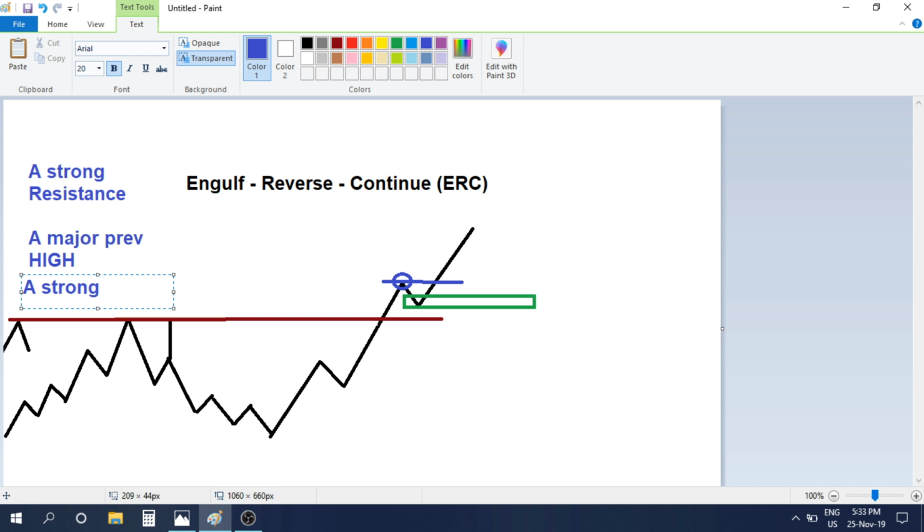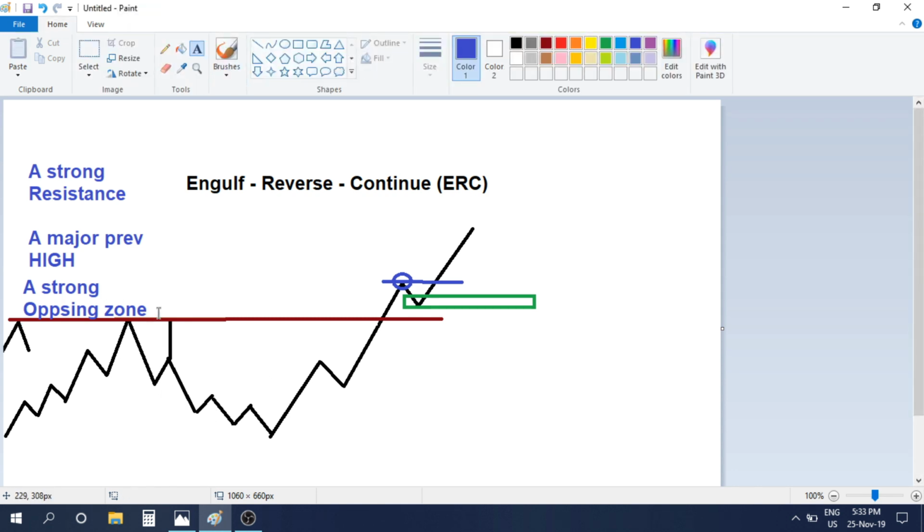A strong opposing zone. So in this example, the opposing zone would be the supply zone because the direction is up, right? So here some very strong, let's say, opposing supply zone was there, right?